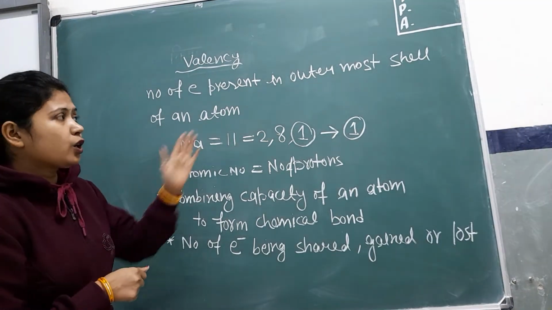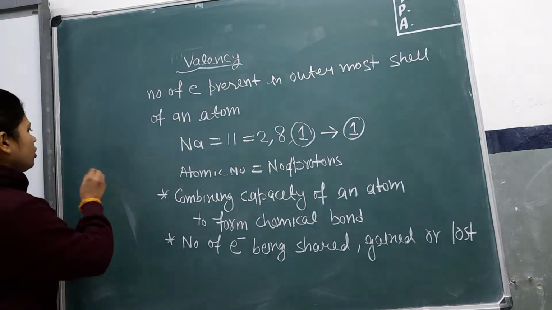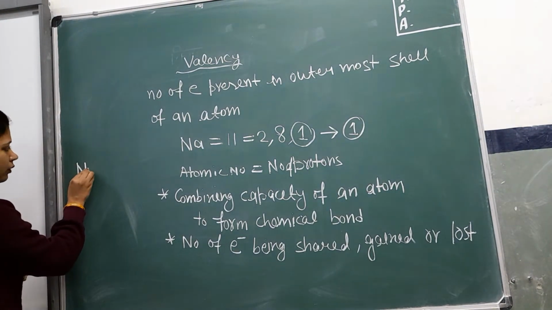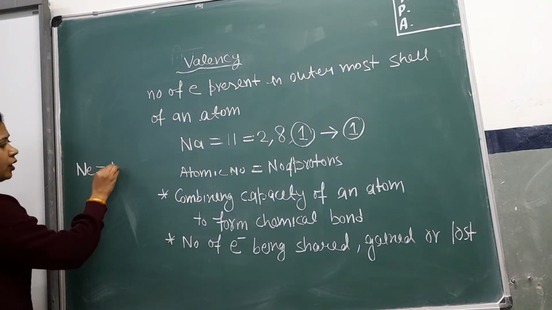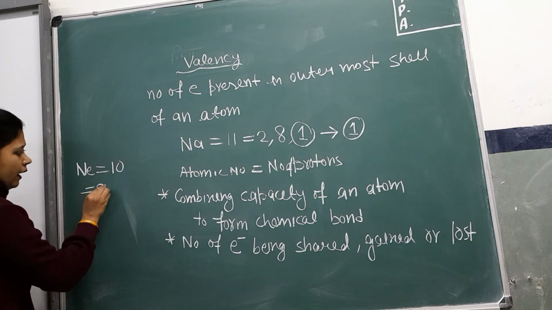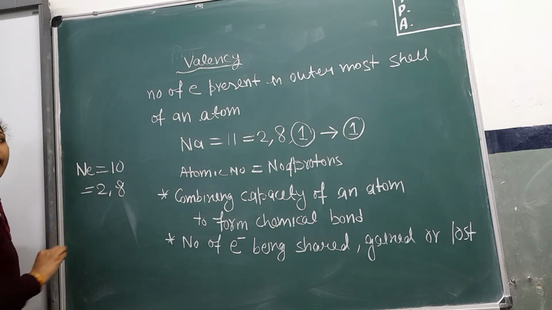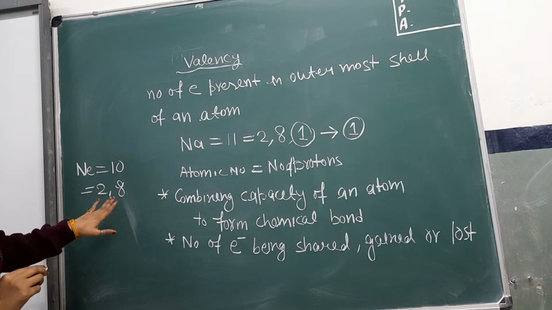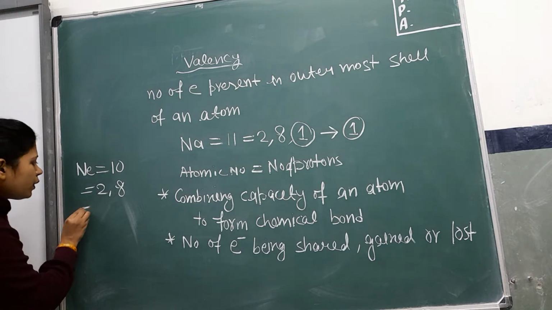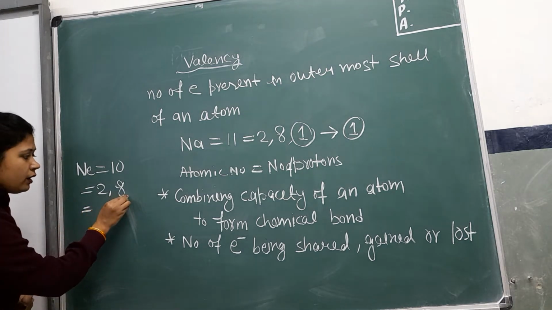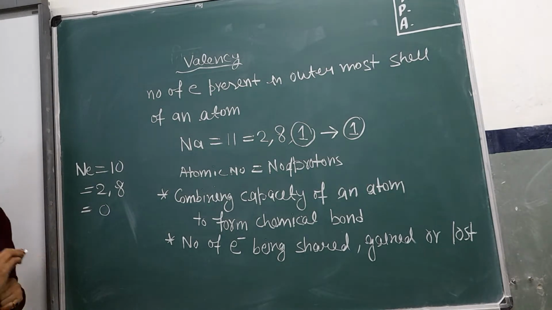Like noble gases, for example neon, which has atomic number 10 and is written as 2 and 8 electrons. So here the number of valence electrons in the outermost shell is 0.